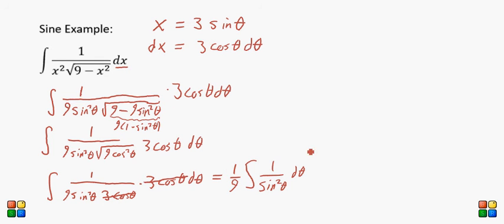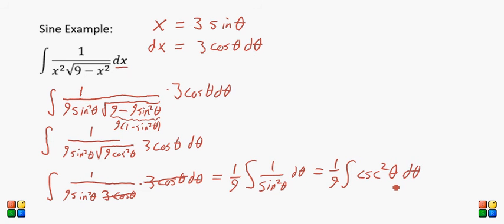But what you want to do for this integral, the best way to go about it, is just to rewrite it. There's another way to write 1 over sine. 1 over sine is cosecant. So what we have here is cosecant squared of theta, d theta.